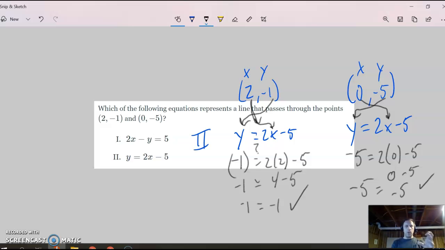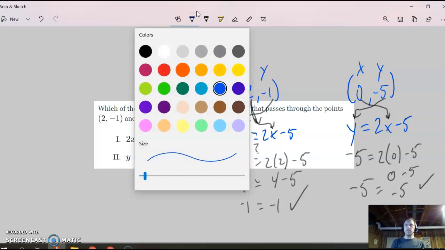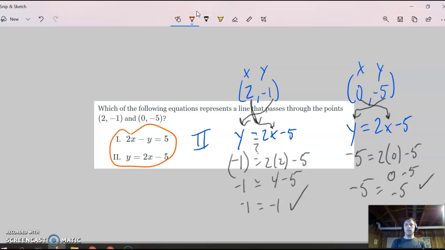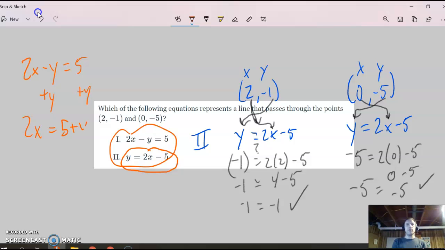All right, I'm hoping that helps you. One other side note here, look at these two equations. Do you see how similar they look? I have 2x minus y equals 5. So I have 2x minus y, that equals 5. Well, does it look anything like this? Watch this. If I add y to both sides, I get 2x equals 5 plus y.